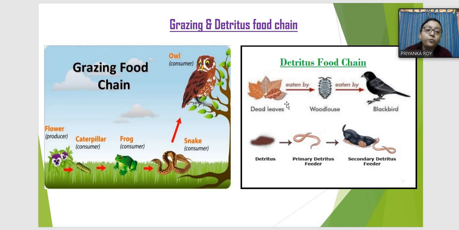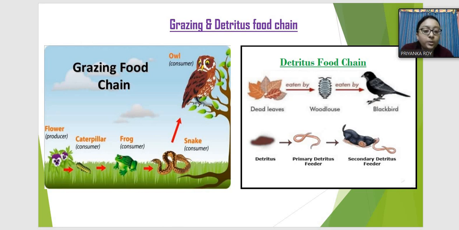But the other kind of food chain is the detritus food chain, which starts from dead and decaying organisms, like the dead leaves eaten by woodlouse, eaten by blackbird. And the detritus feeders are also different, and therefore they are relying on dead and decaying organic matter only. And the grazing food chain relies on the green plants, green grasses and all that. So that is the difference between these two kinds of food chains.